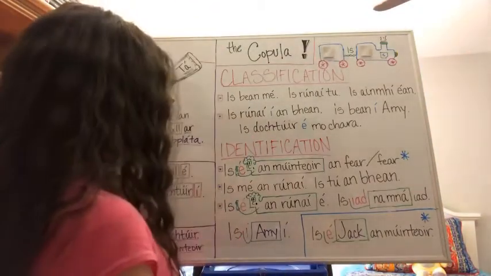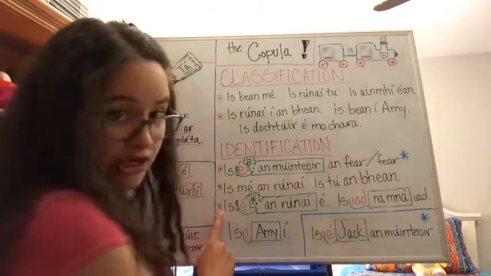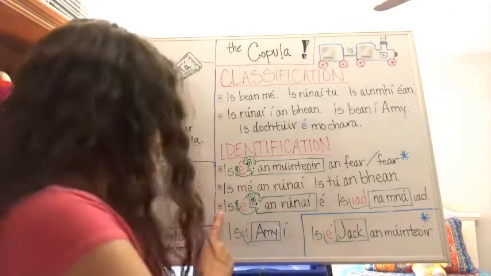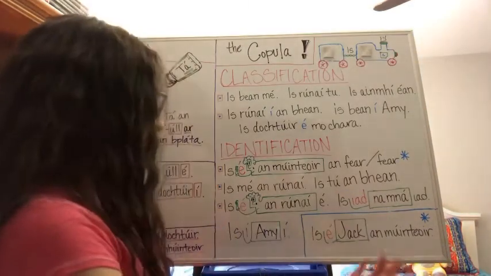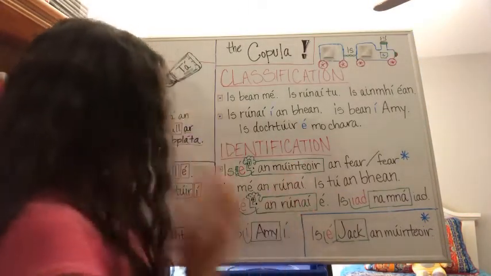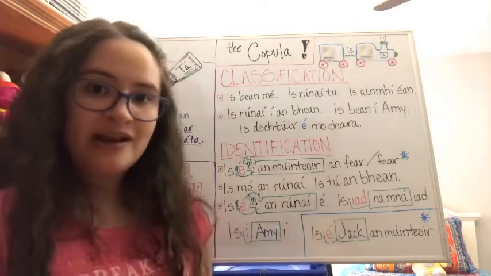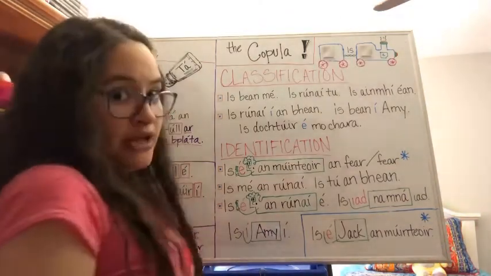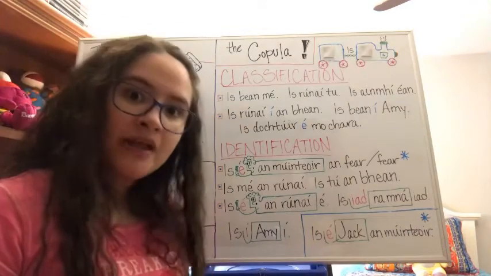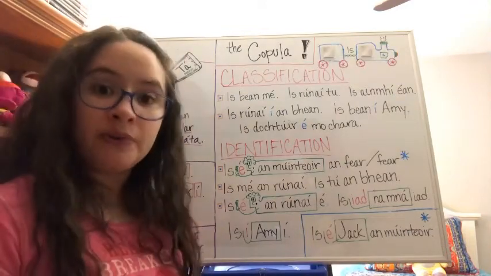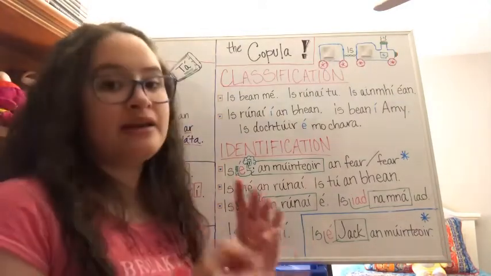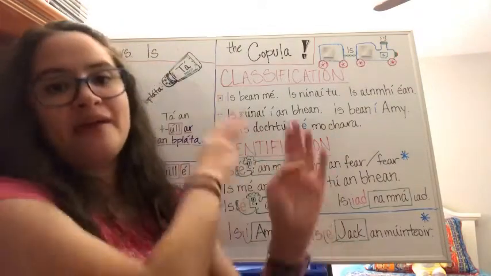Okay. So with the last version of identification sentences, this occurs when, again, like with all 3 of these, the predicate is a definite noun, but the subject will be a pronoun in the third person. The third person is any pronoun that is he, she, or they.